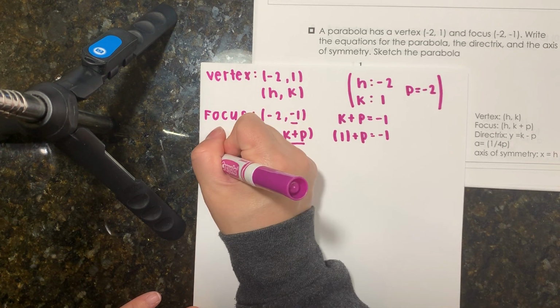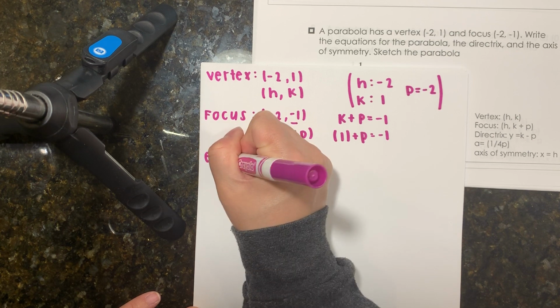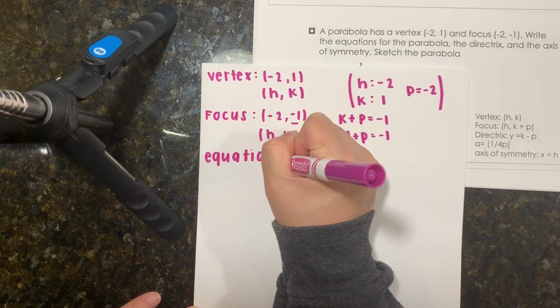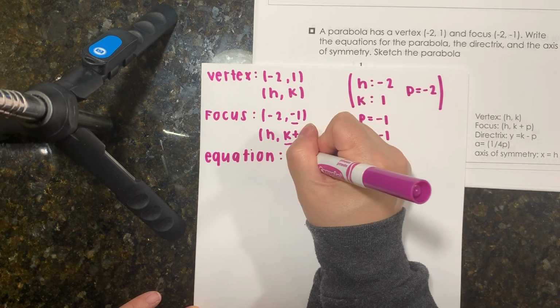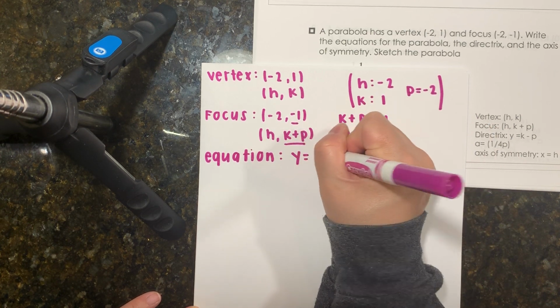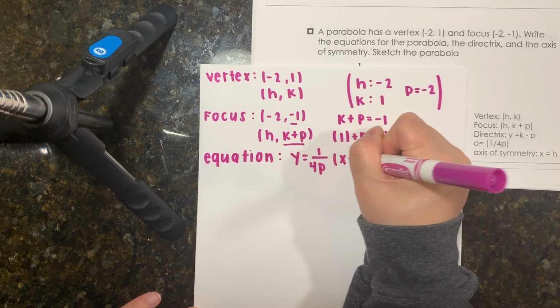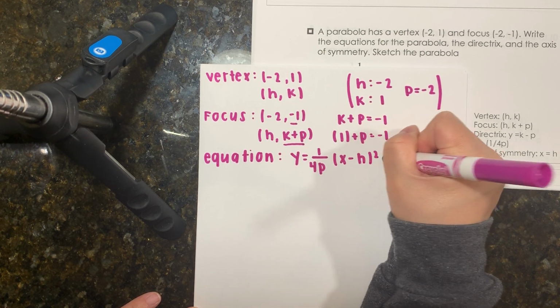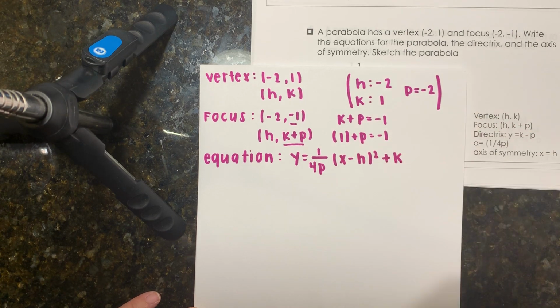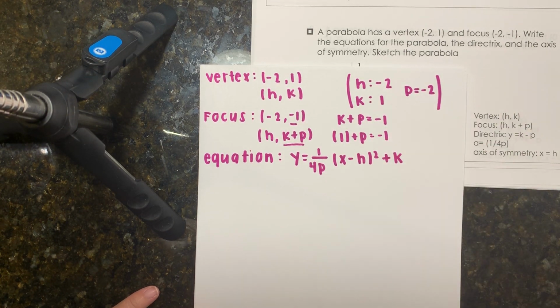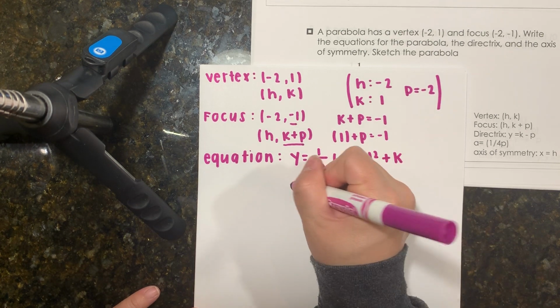So these variables are all going to help me solve for the equation of my parabola. The equation of the parabola, and you can write this down, is y equals 1 over 4p times (x minus h) squared plus k. So I already know h, k, and p, and that's all I need to solve for the equation of the parabola.